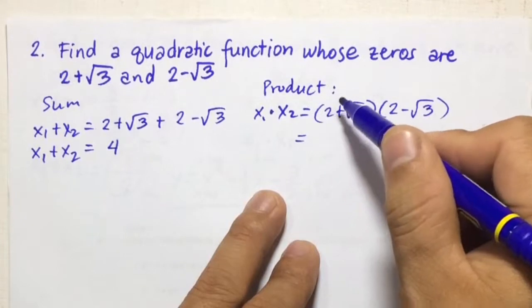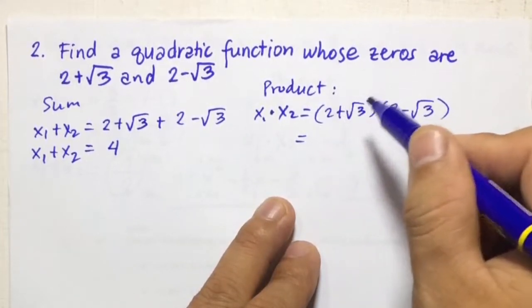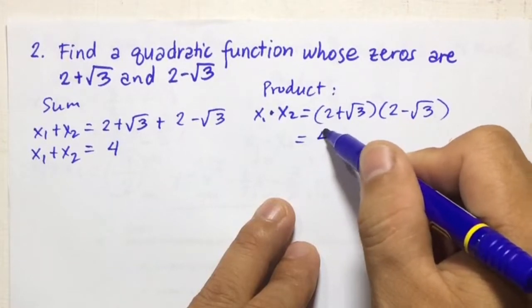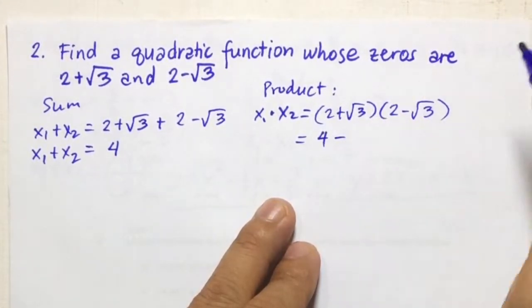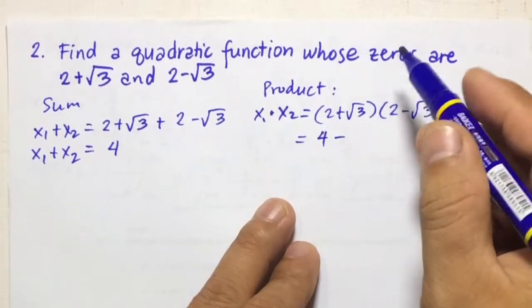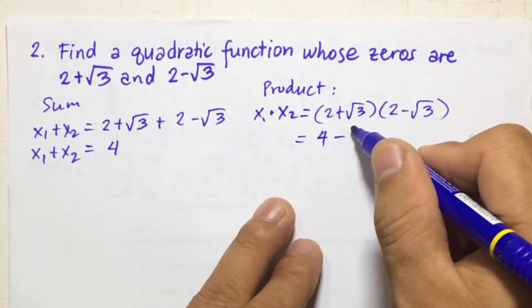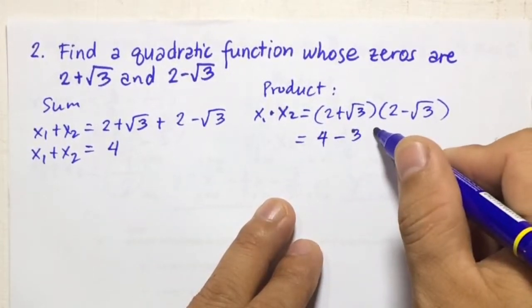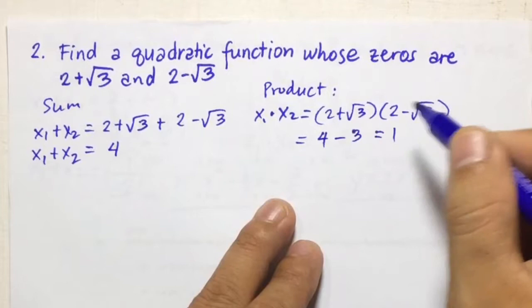So the procedure will be, you're going to square the first term. So 2 squared will be 4. Then minus the square of the second term. So square root of 3 squared will be 3. So 4 minus 3, that will be equal to 1.